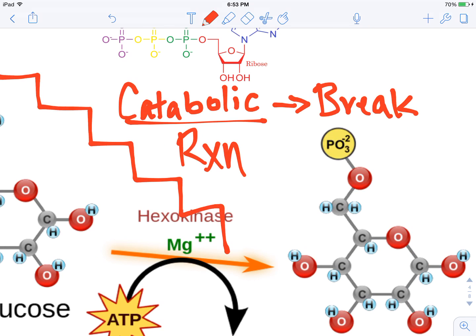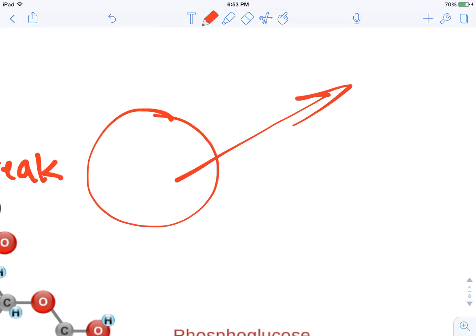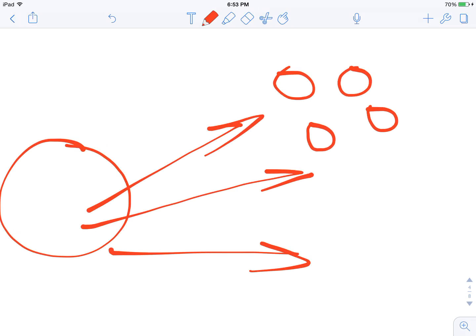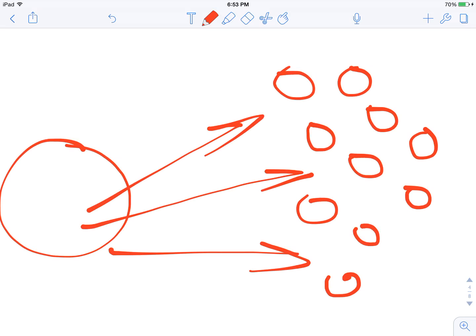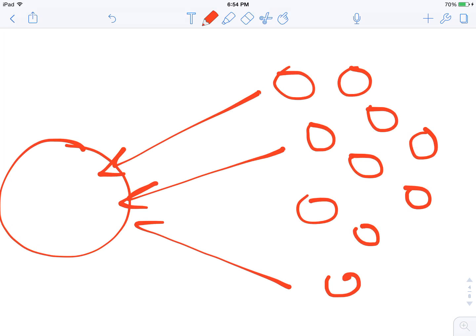It means to break something that is large into many small components. This is a catabolic reaction. The opposite would be an anabolic reaction, which takes many small components and turns them into one large one.